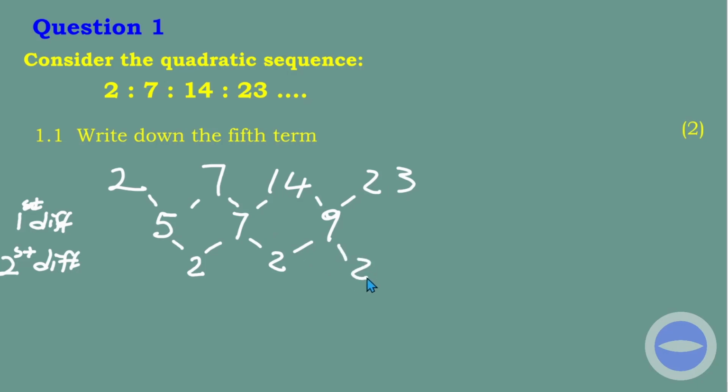Here we've got 2, so to find the next term of the first differences, we say 9 plus 2, which is 11. Then to find the fifth term, we say 11 plus 23, which is 34. So our fifth term is 34.